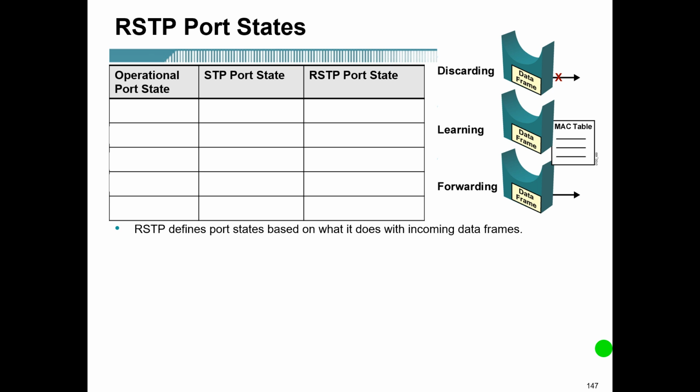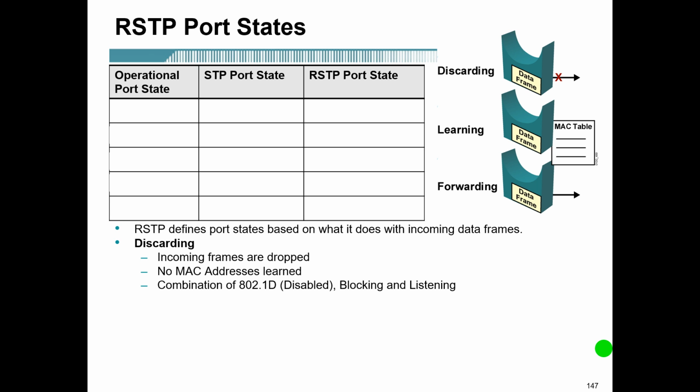So let's look at our RSTP port states. First is discarding. Incoming frames are dropped, no MAC addresses are learned, a combination of 802.1D disabled, blocking, and listening. So our operational port states will be disabled or enabled. Our STP port states will be disabled, blocking, and listening, while our RSTP port states will all be discarding.